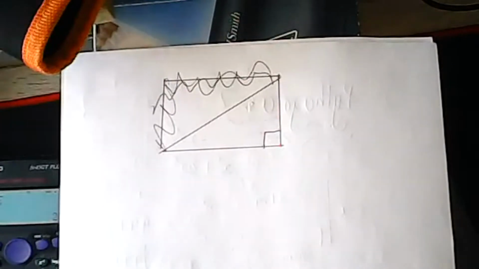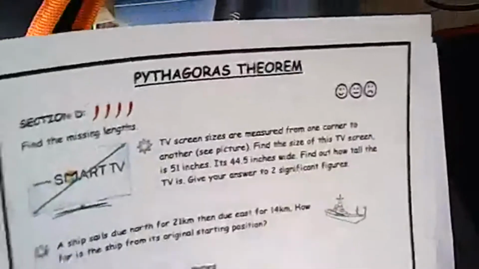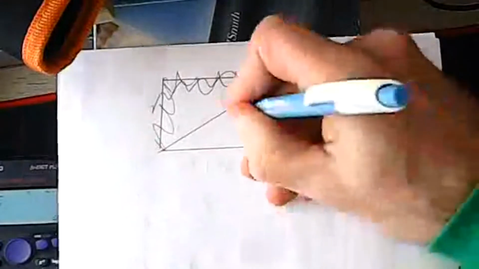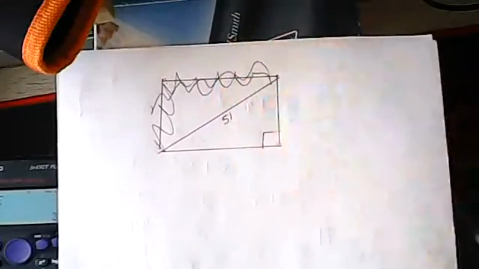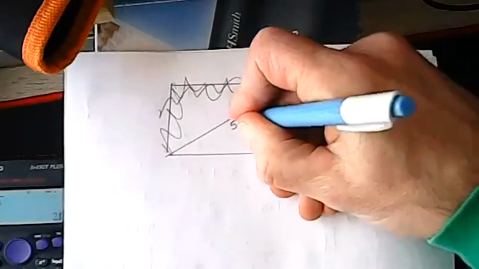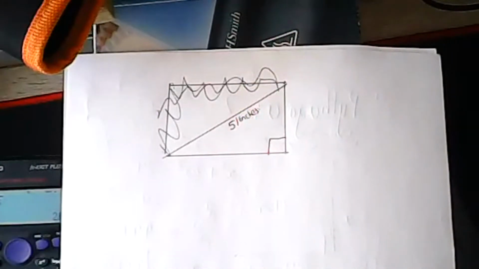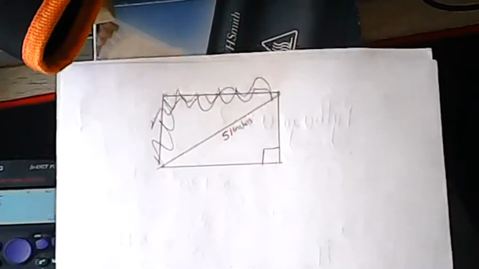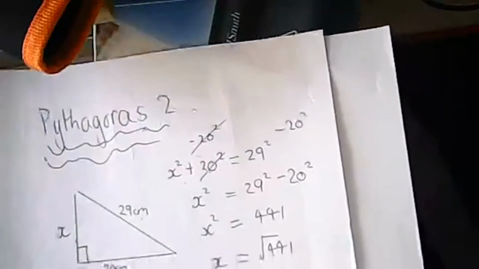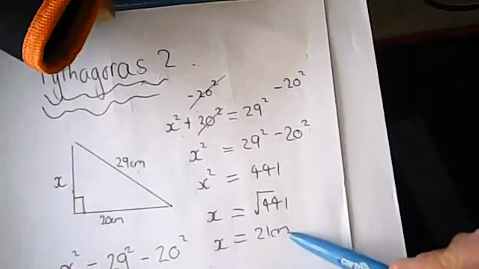Now what information do we know? It's 51 inches, so that means the diagonal is 51 inches. I can put the units on. Incidentally, going back to these questions, people talk about units. As long as you've got the units at the end, that's the important bit.